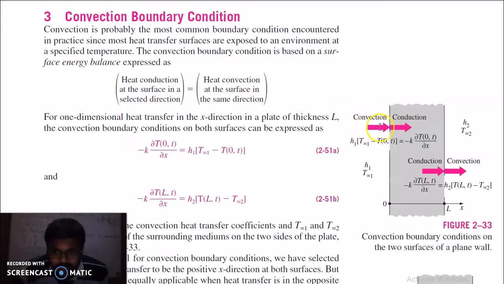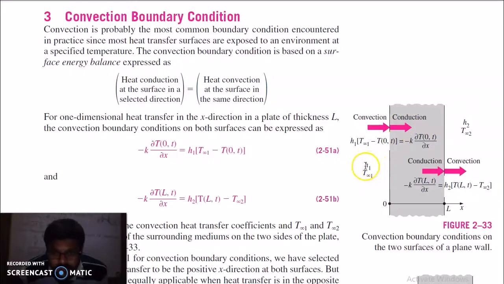So here convection and conduction are equal because the surface won't store any energy. Whatever the heat transfer by convection must be equal to heat transfer by conduction.